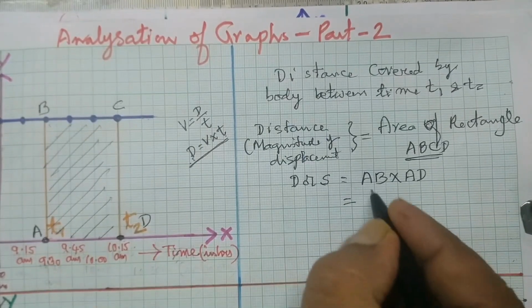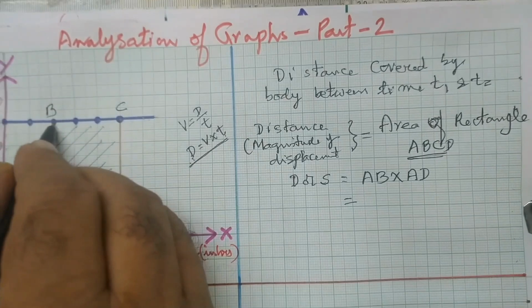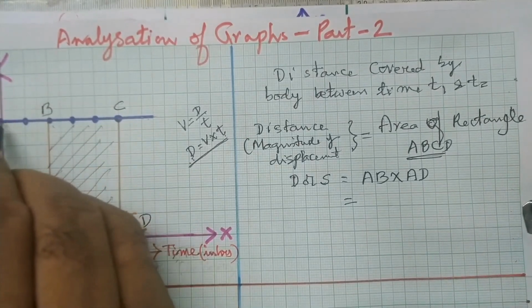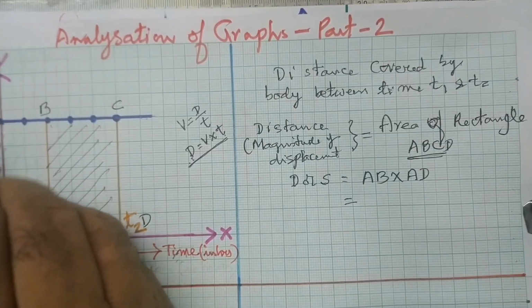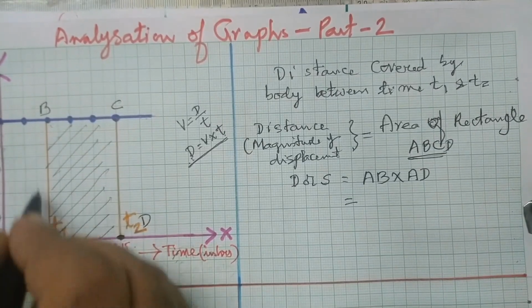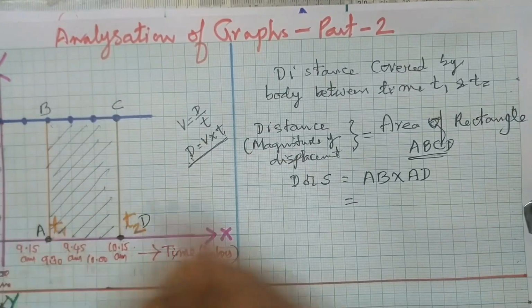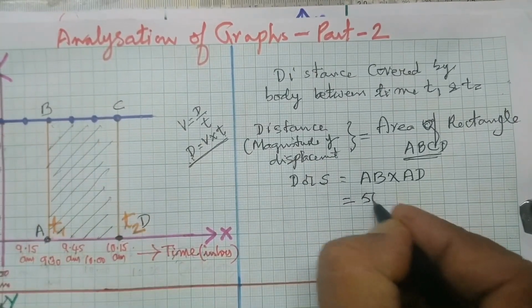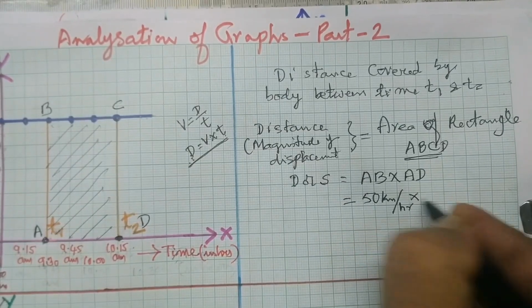Now, what does AB represent on the graph? AB represents the height of this line that is given as 50 kilometer per hour. I mean to say, from here to here on the graph, it is 50 kilometer per hour. So, I am writing here 50 kilometer per hour multiplied by AD.